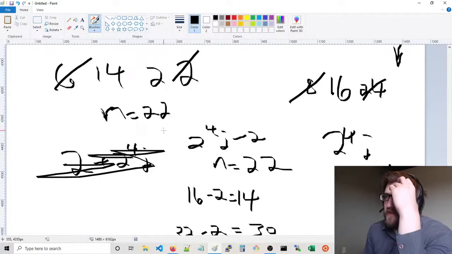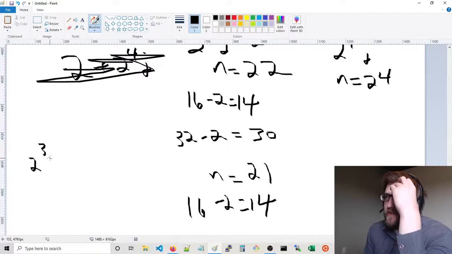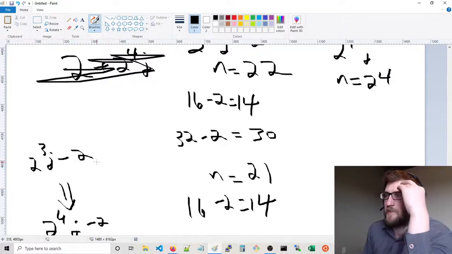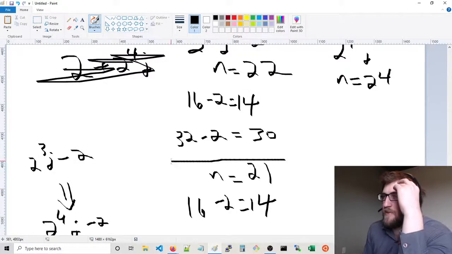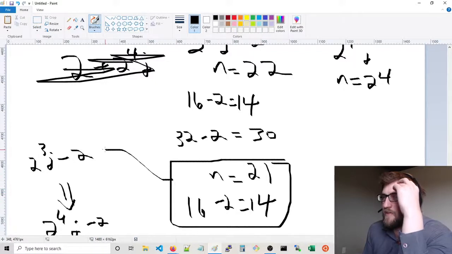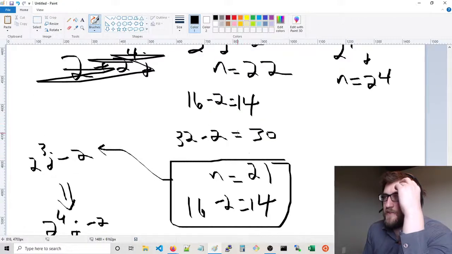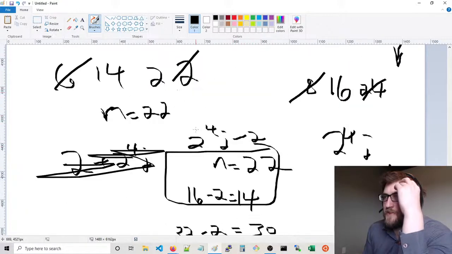This is 2 to the 3rd j minus 2. We don't get to 2 to the 4th j minus 2. Right? We're not big enough from 21. This one's only here, which is 6. Whereas this one is here.